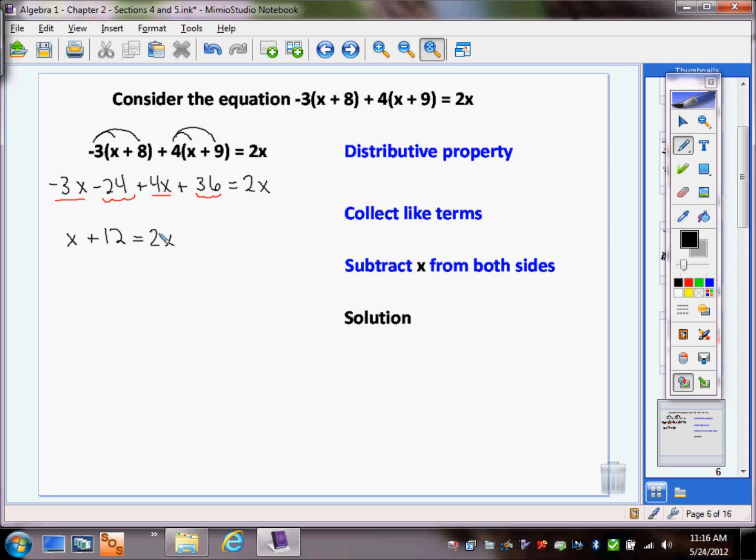Now if I subtract 2x from both sides, then there's nothing left over here, right? Since 2x is by itself, sometimes it makes more sense to subtract this one from both sides. And I get 12 equals x, which is the same thing as x equals 12.